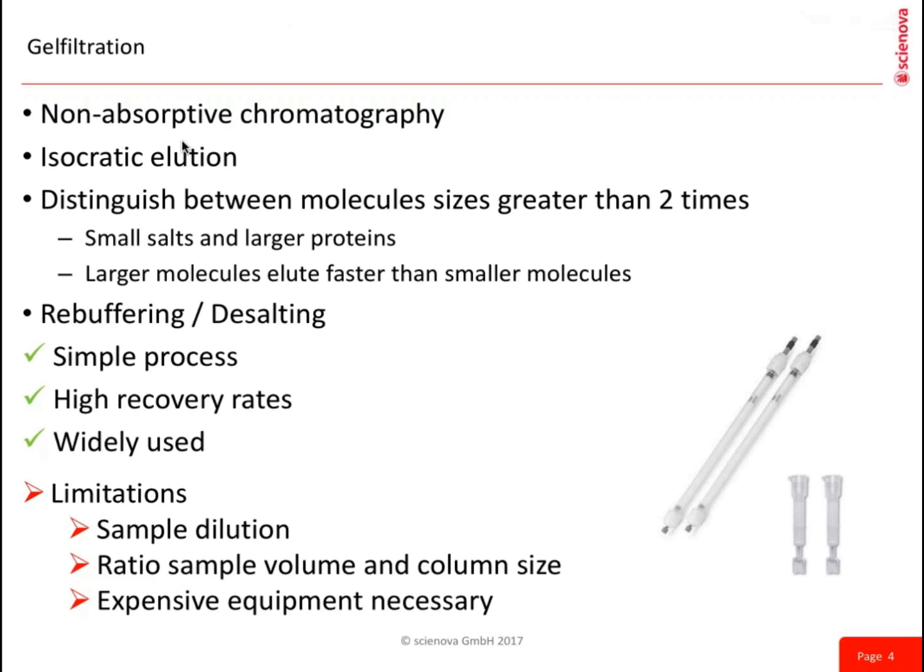That means you need large columns to separate higher sample volumes, and therefore you need expensive equipment like an FPLC system. And high throughput screening analysis is limited with this method.